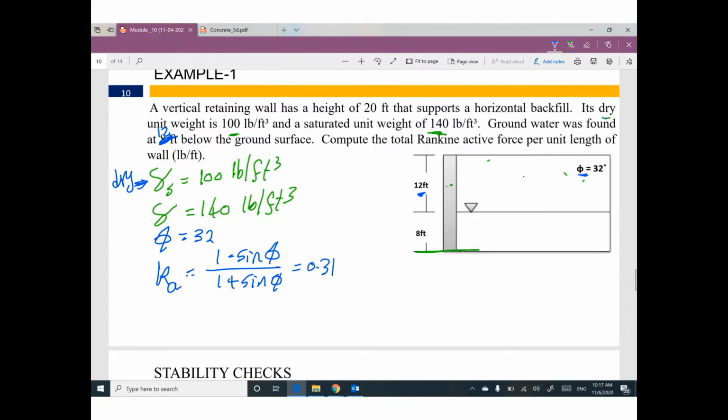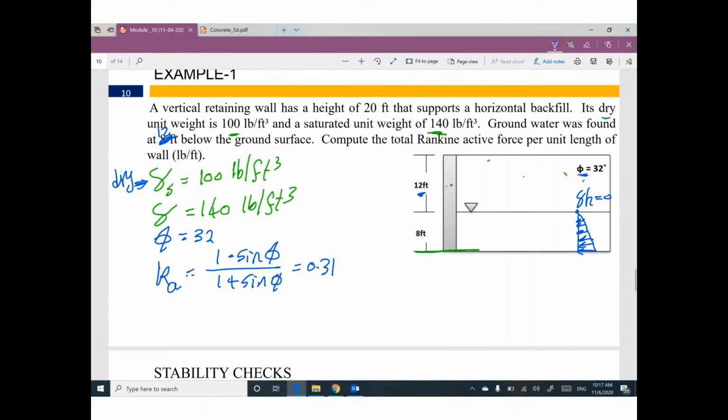Let's start. Do you have water table? Yes. Please go ahead and draw the pressure due to water. At the top of the water surface, we don't have gamma H. We have gamma, but we don't have H. So gamma water H water equals 0.